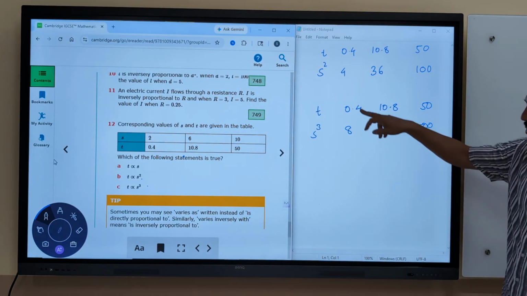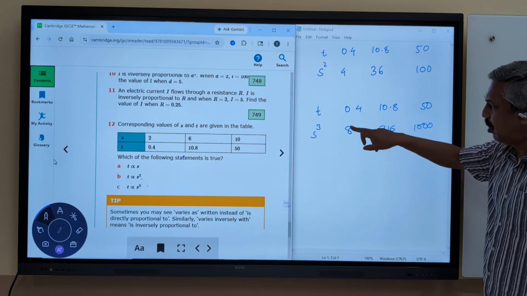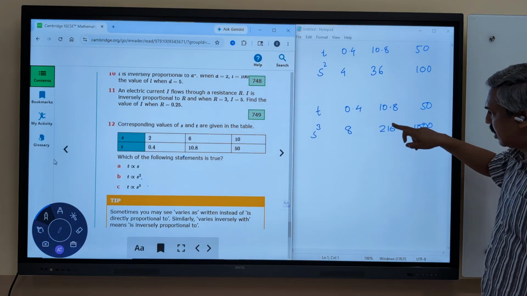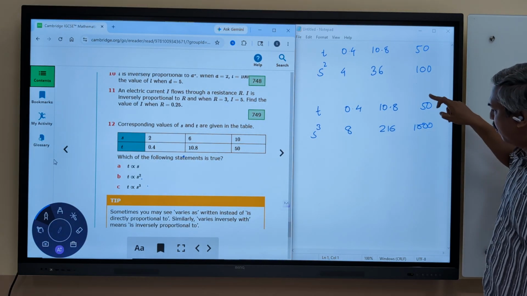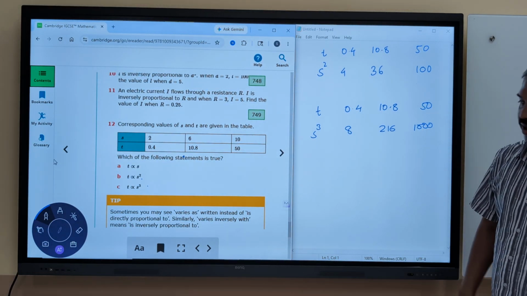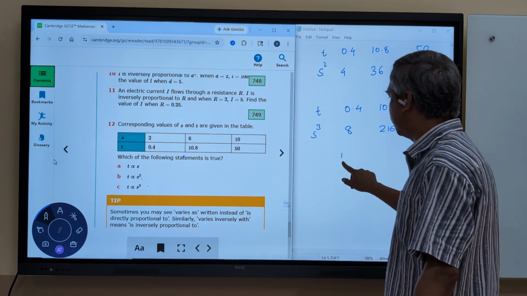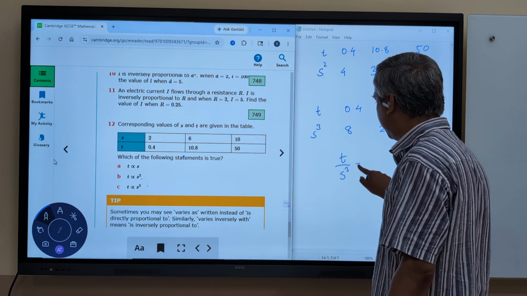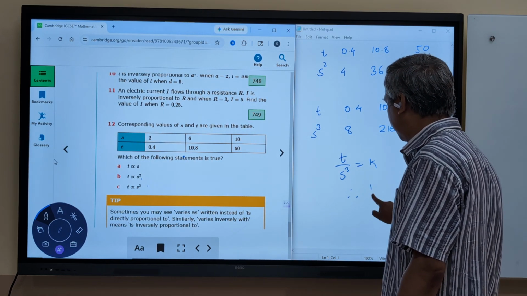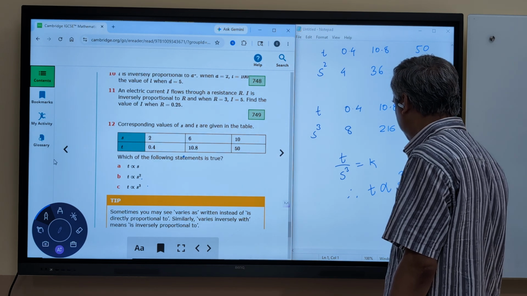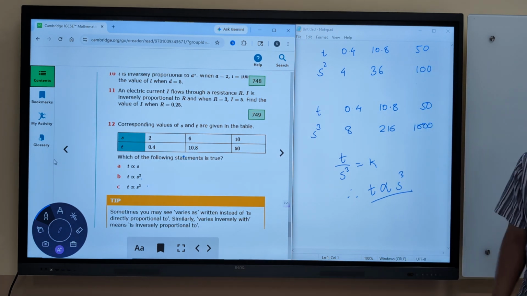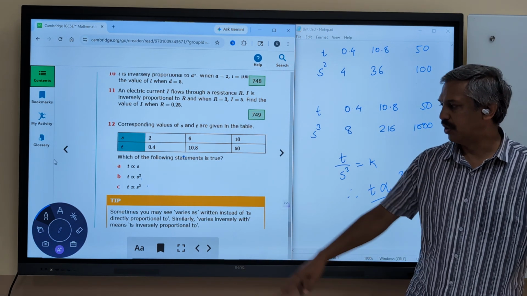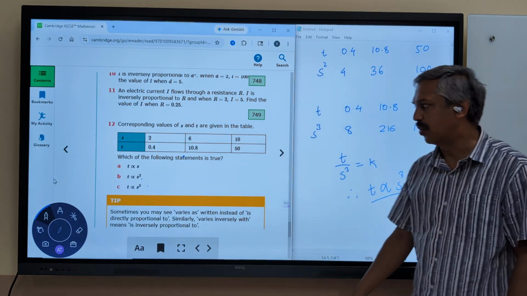If you divide this by this, it is 1 upon 20. If you divide this by this, it will be 1 upon 20. And if you divide this by this, you get 1 upon 20. So in this case, the ratio is constant. So T upon S cube is equal to constant. Therefore, T is directly proportional to S cube. And we verified these values. First two are false, third one is true.